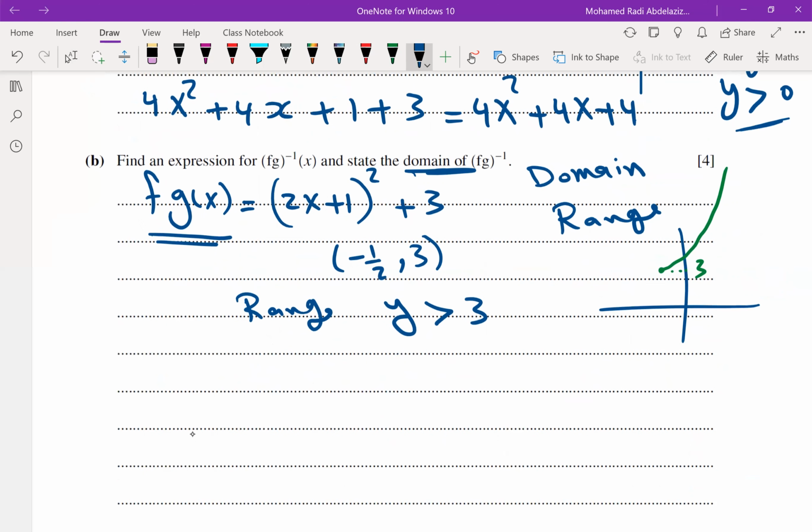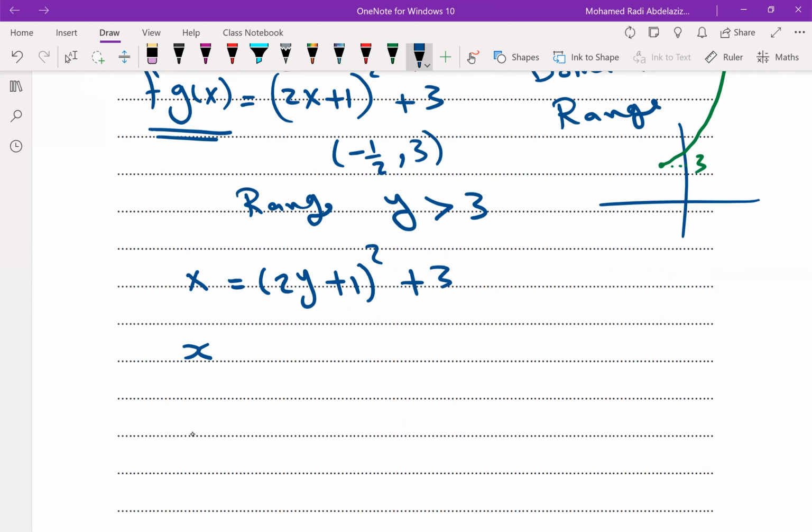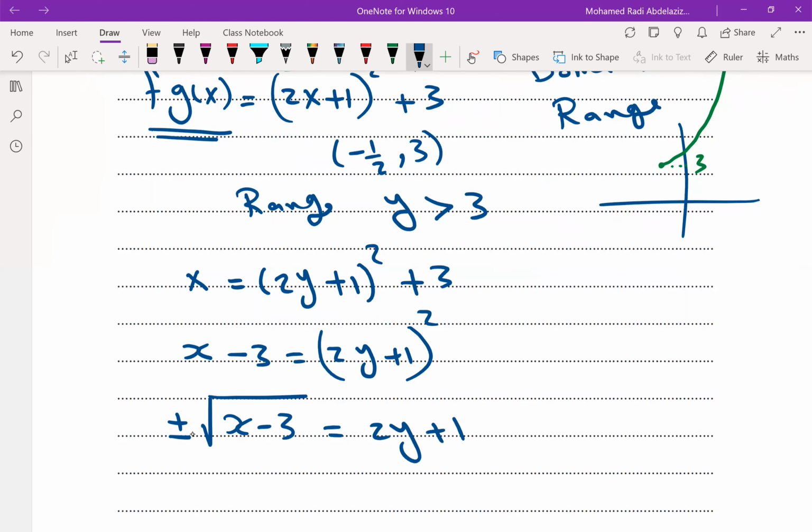So now I will start to get the inverse. We start by writing the completing square form, y equals (2x plus 1) squared plus 3, then interchange x and y, then try to make y the subject. x minus 3 is equal to (2y plus 1) squared. By taking the square root of both sides, positive or negative, square root of x minus 3 is equal to 2y plus 1.